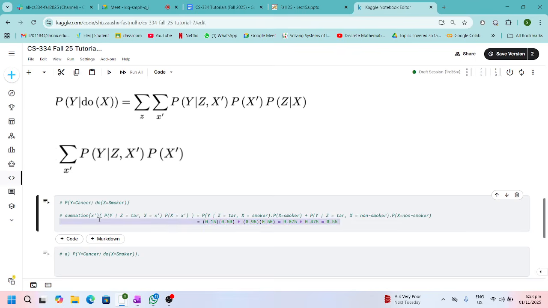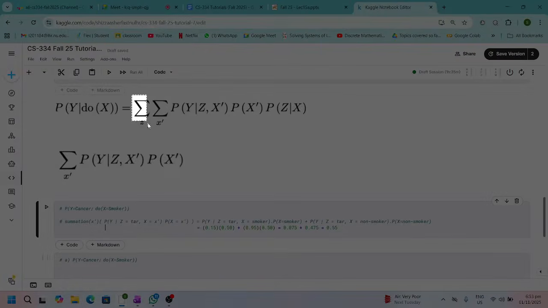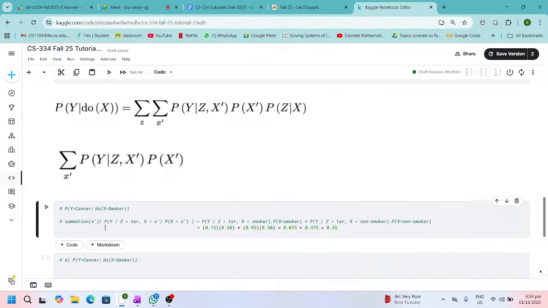Next, you're going to have to do the exact same thing for the no-tar group as well, because if you look now, eventually you have an outer sum as well. In the outer sum you are checking all values of Z, where Z means star.